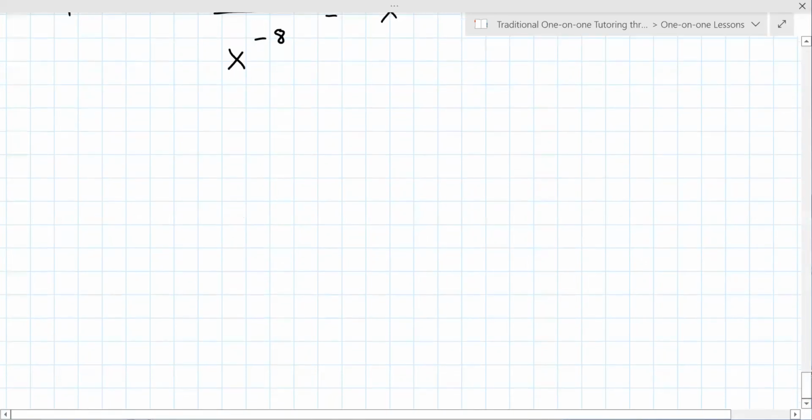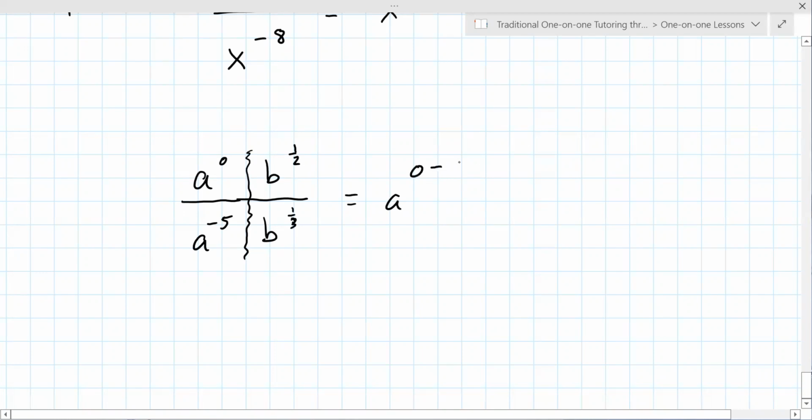Okay, let's try another one. If you have more than one letter, let's say we had a to the 0 over a to the -5, b to the 1/2 over b to the 1/3. Okay, we'll do this together. It's really two separate problems in one. It's 0 minus -5 for a.